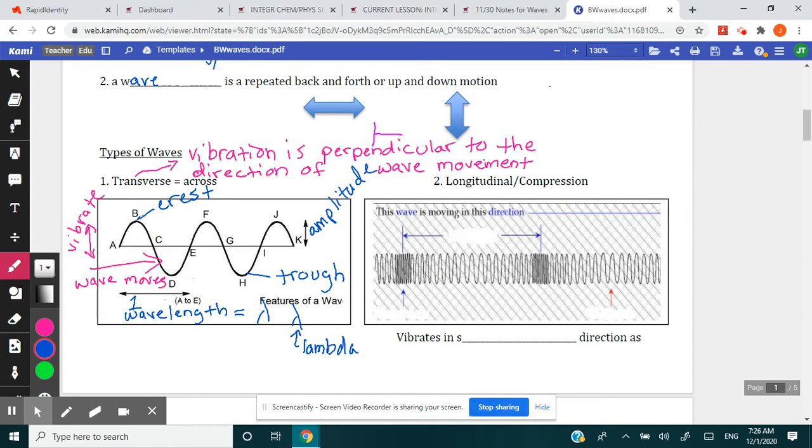Where the coils are all together, that is called compression, because they're compressed together. And where the coils are far apart is called rarefaction.